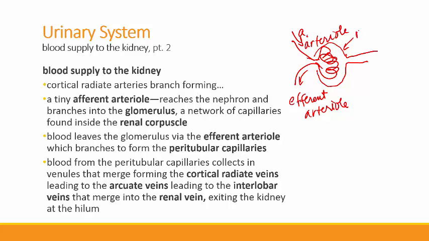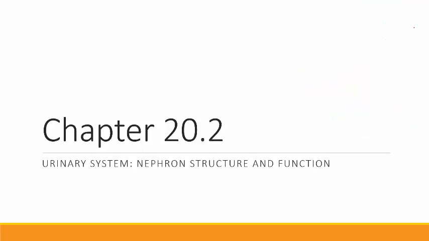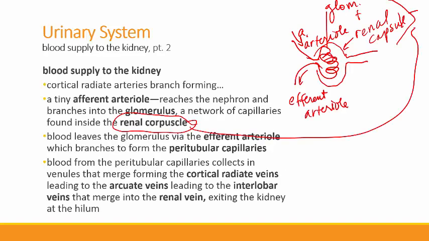So we have the renal capsule and the glomerulus plus the renal capsule. That's what we talk about as the renal corpuscle. Those two together are the renal corpuscle.